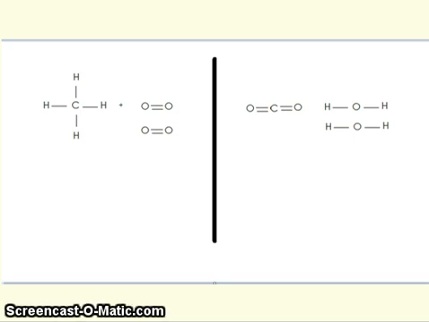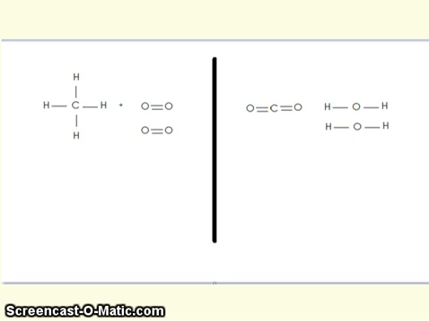If you look on the left-hand side of this, you can see you've got the reactants all drawn out. The methane has 4 C-H bonds. You need to break each one of those C-H bonds, and you need to break both the 2 O=O double bonds. So you've got 2 O=O double bonds to break, and 4 C-H to break.